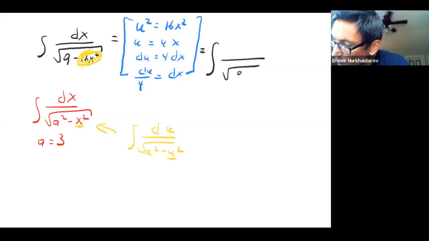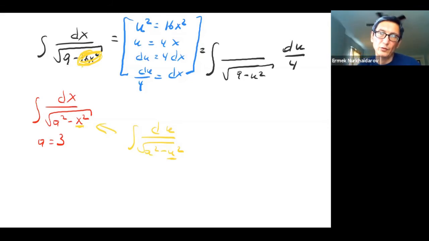We get the square root of 9 minus u squared, and du over 4. I'll slide the 4 somewhere on the side, so I don't have to deal with complex fractions.